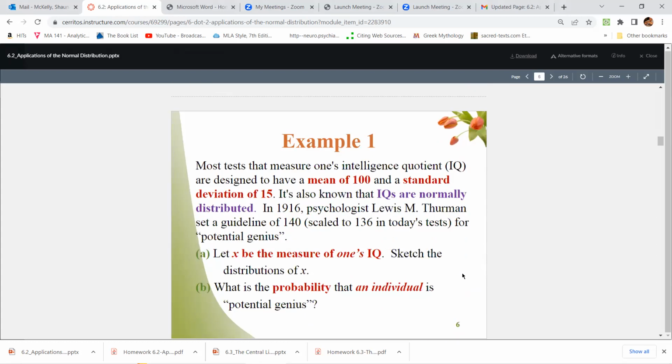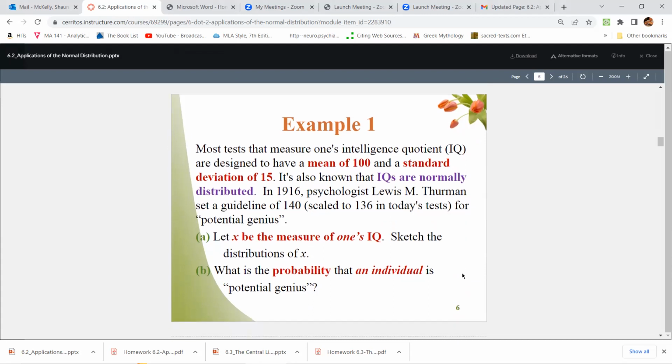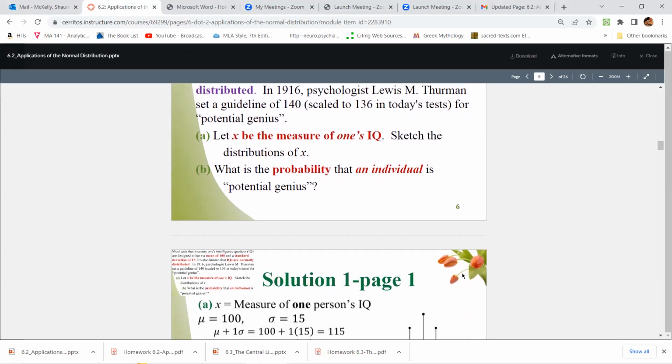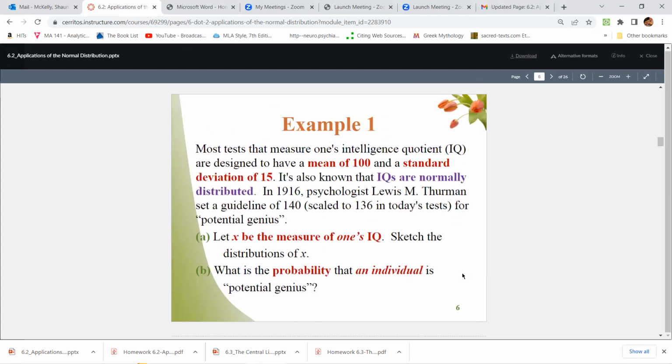And the distinction that starts in this section and continues is we can be talking about one individual person, or we can talk about a group of people. Right now, we're going to be talking about one individual person. So here it says most tests that measure one's intelligence quotient are designed to have a mean of 100 and a standard deviation of 15.